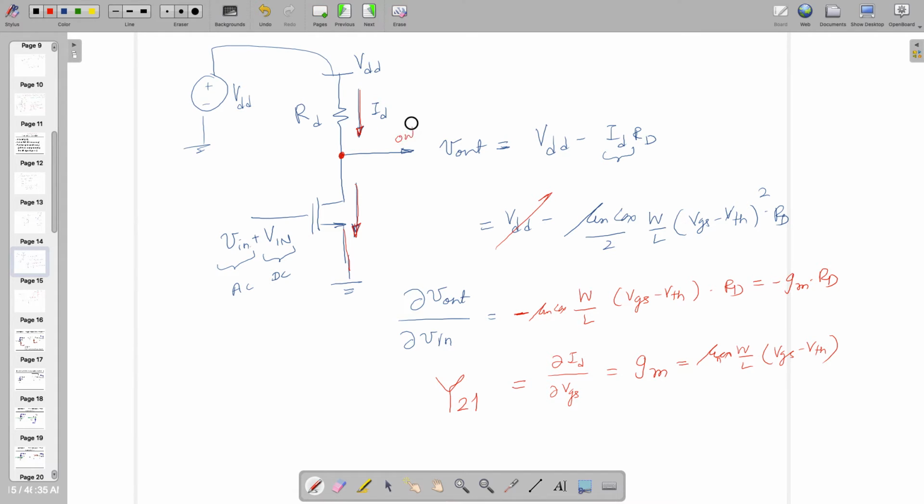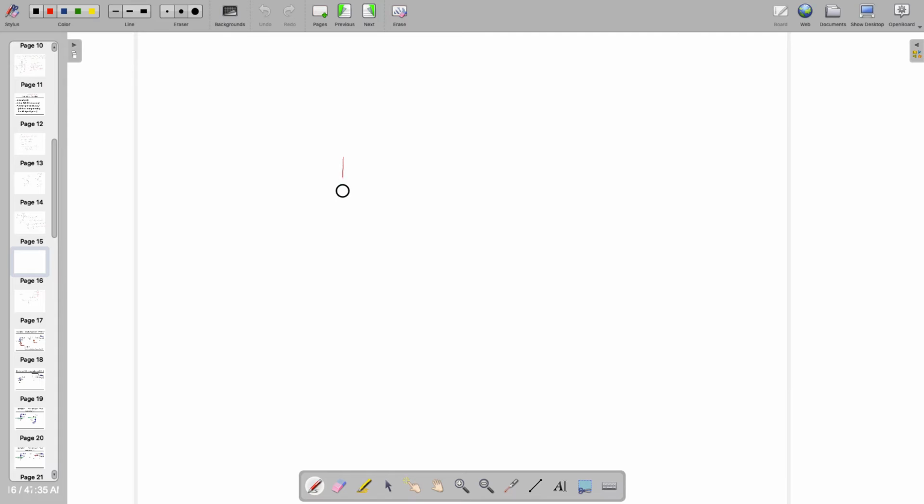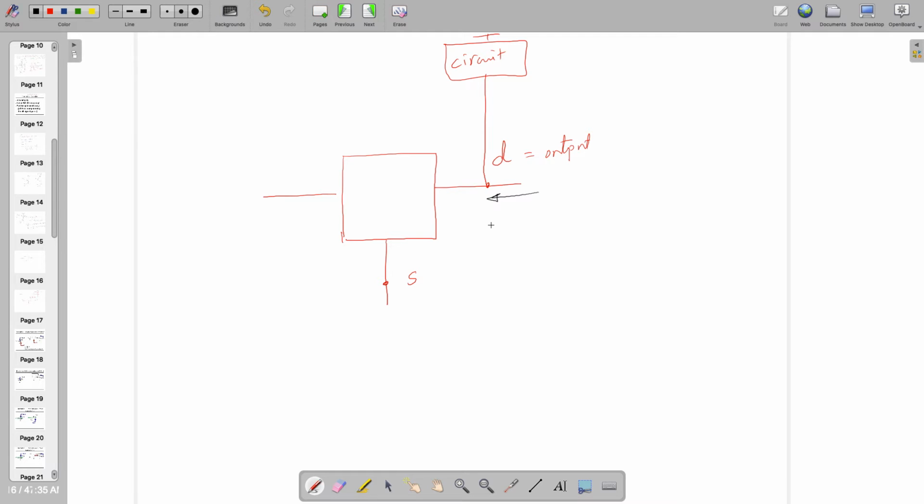Let's assume this is some device, this is the source side, this is the drain side, and another circuit is also connected. It might be a resistance, it might be much bigger than just one resistance. So if this is the output, at the output you need to see the impedance.